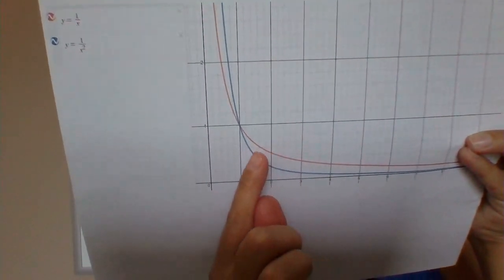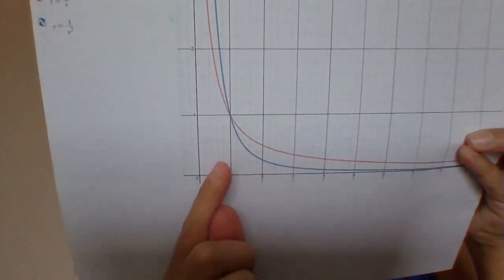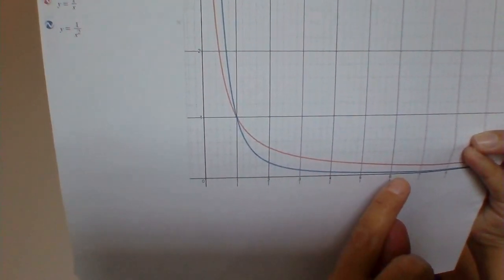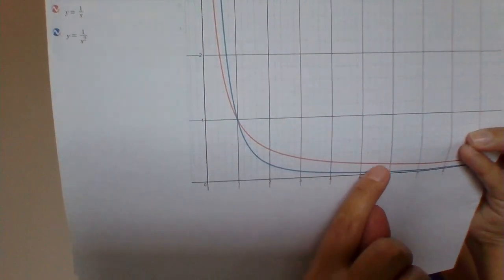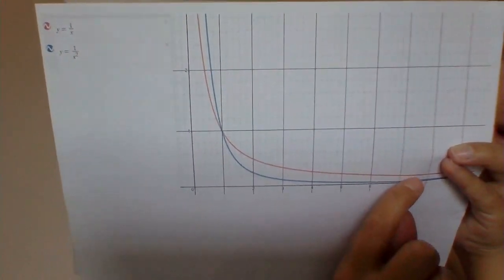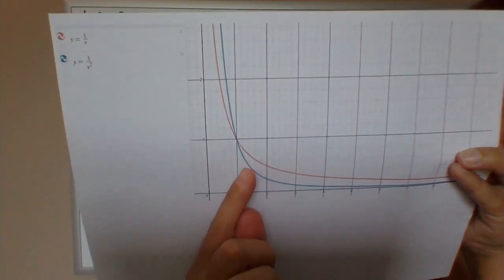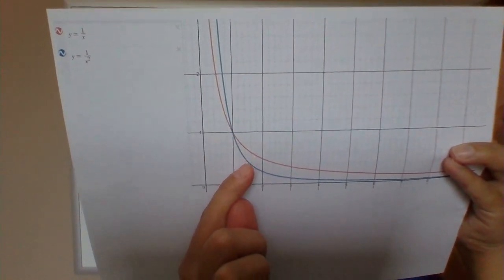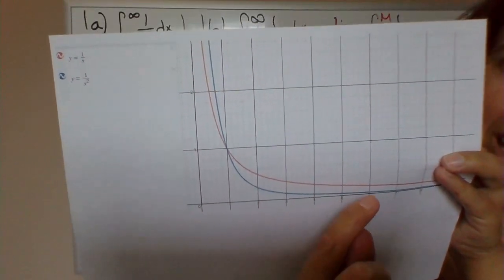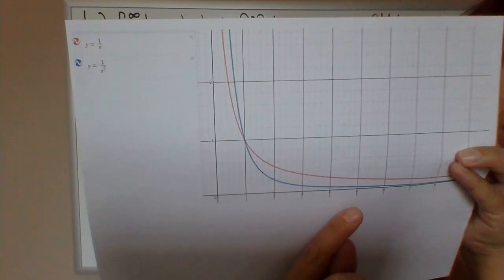So the integral from 1 to infinity for the red curve diverged. The integral from 1 to infinity for the blue curve converged to 1. So there's something to that: we want the value of the function to approach its horizontal asymptote, but that alone is not good enough. It needs to approach the horizontal asymptote quickly, which the 1 over x squared function succeeds in doing.